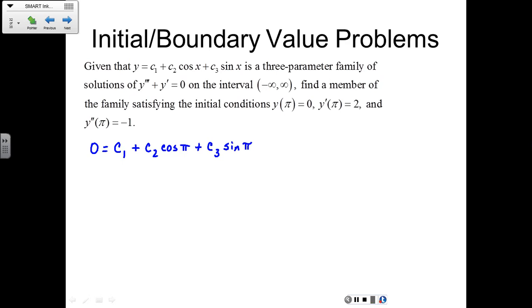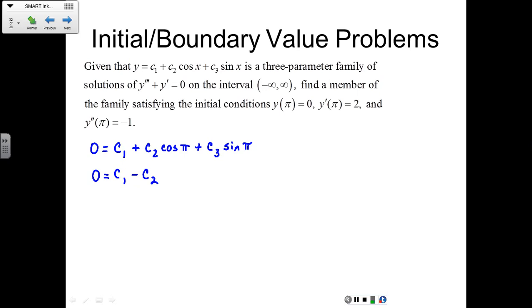Now, depending on how your trig is, let's see how that works for us. 0 equals C1. What is cosine of pi? Negative 1, so that's going to be minus C2. What is sine of pi, or sine of 180? 0.